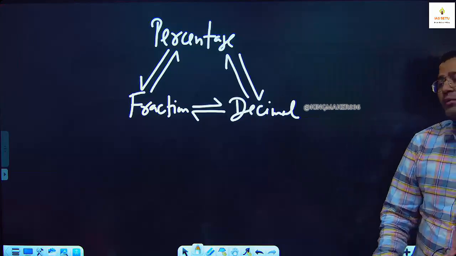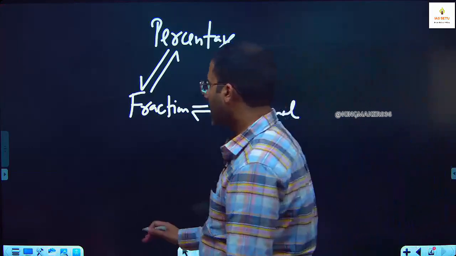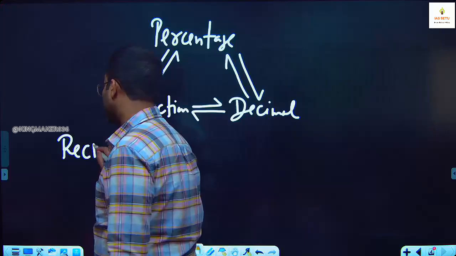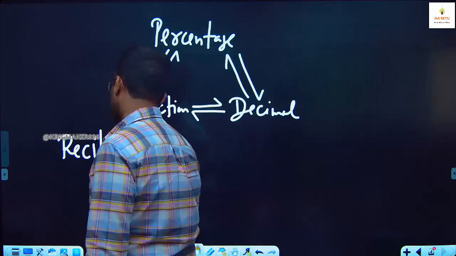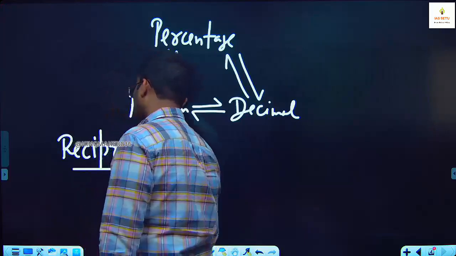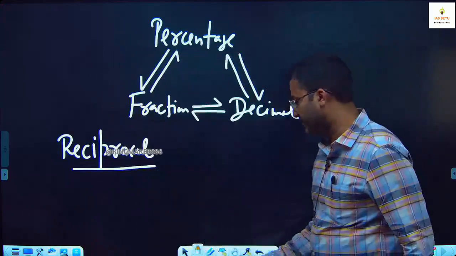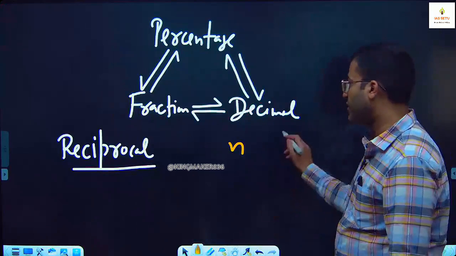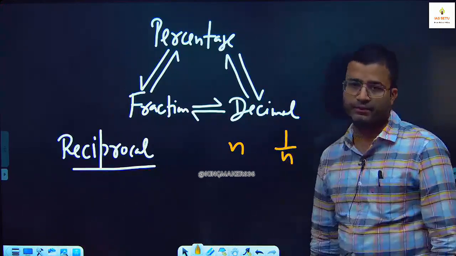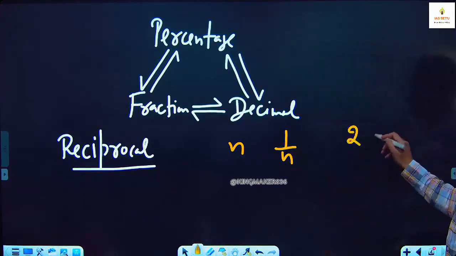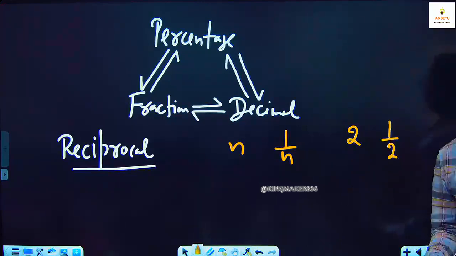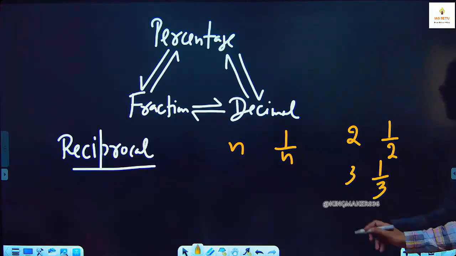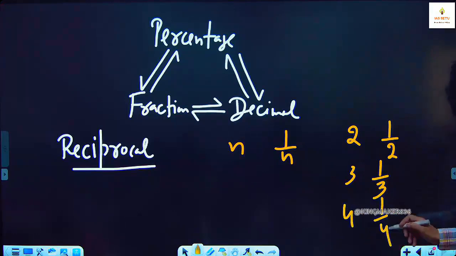Before I give you an idea about the table, there is one more term, reciprocal, which I'm going to use today. What is reciprocal? Like if it is n, the reciprocal of n is 1 by n. Reciprocal of 2 is 1 by 2. Reciprocal of 3 is 1 by 3. Reciprocal of 4 is 1 by 4.